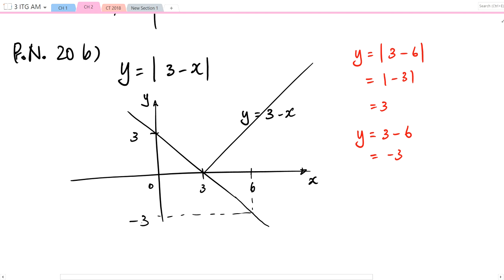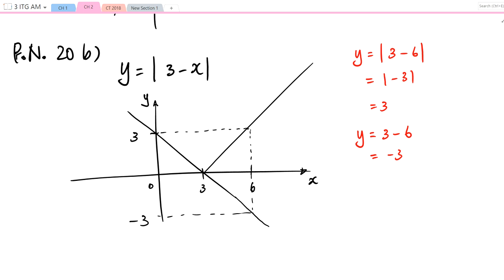And if I were to draw my graph of y equals modulus of 3 minus x, it should result in a value of 3. Okay, so just check that your graph makes sense.